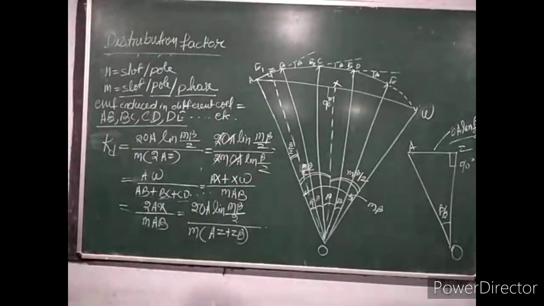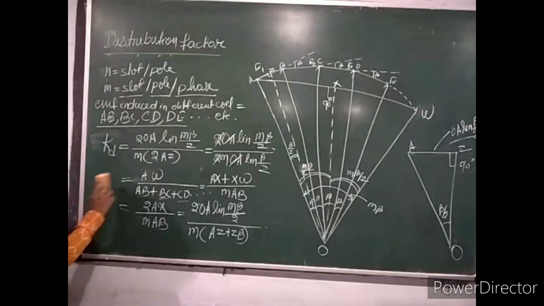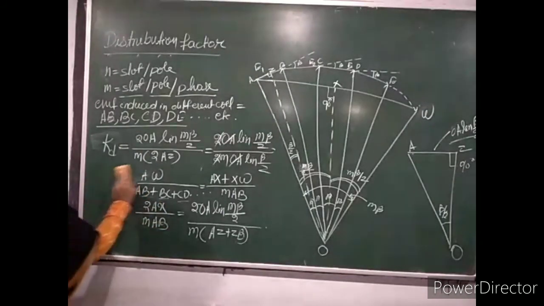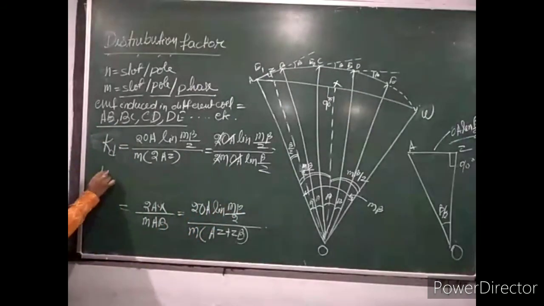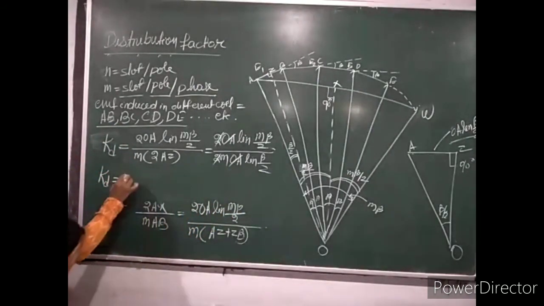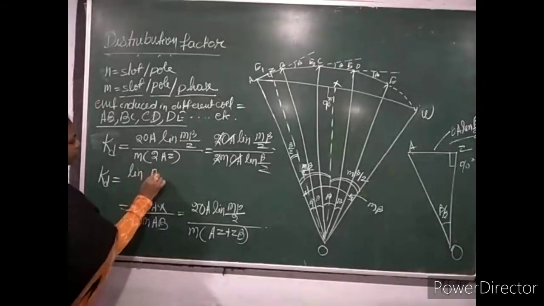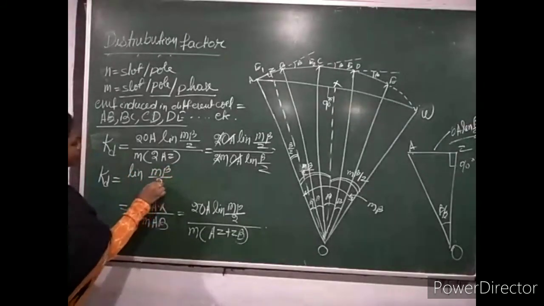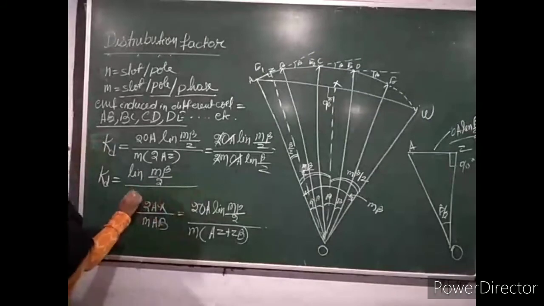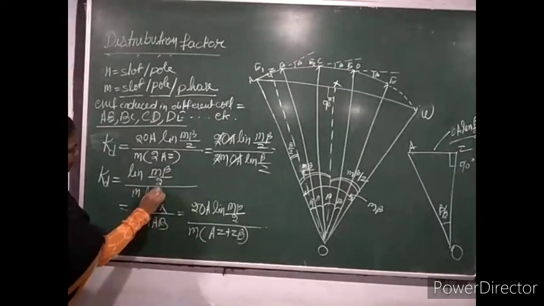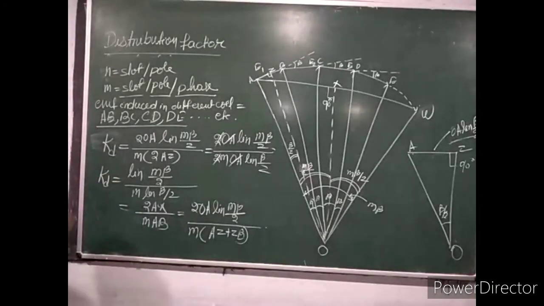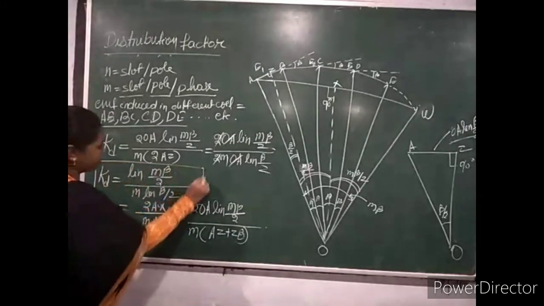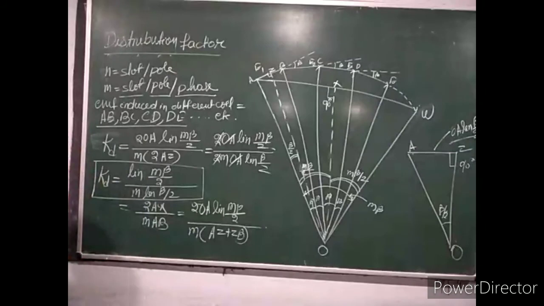So finally, you keep the record, you get the distribution factor is sin m beta by 2 divided by m sin beta by 2. This is the value of distribution factor.